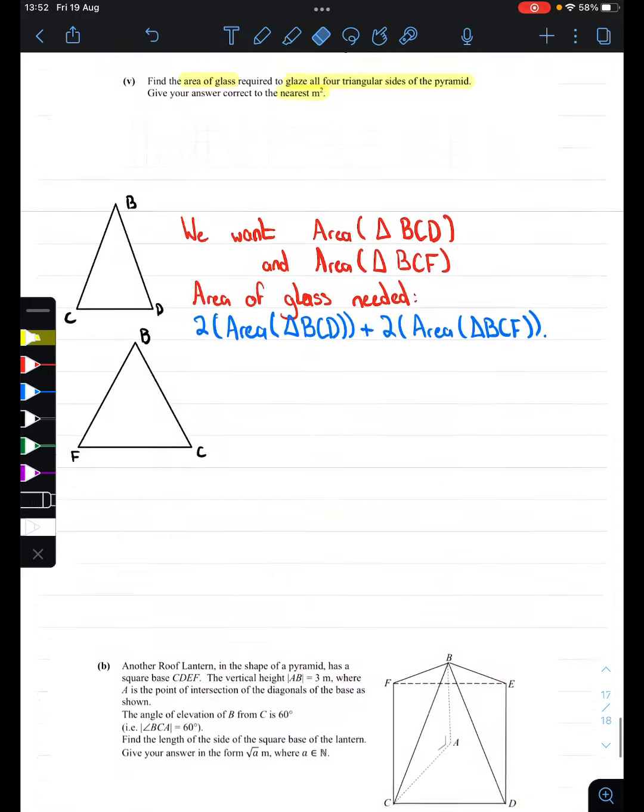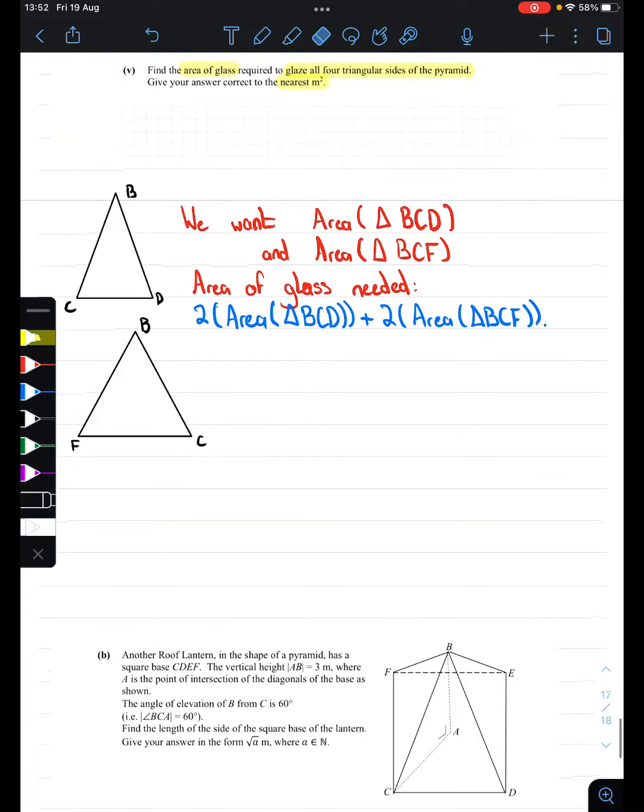Okay, so let's go about calculating these areas. We're looking at the area of a triangle, so the first thing we should be thinking of is half the base times the perpendicular height.